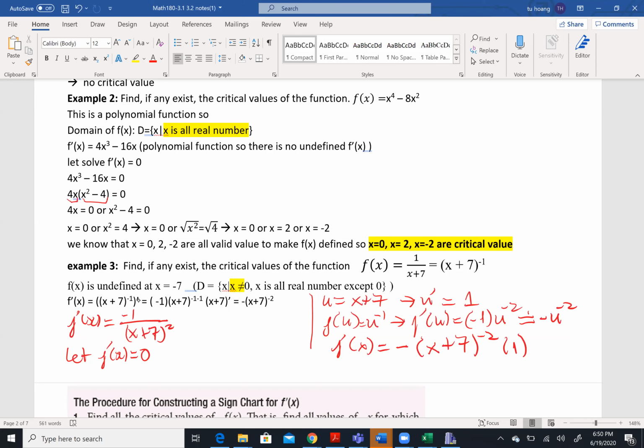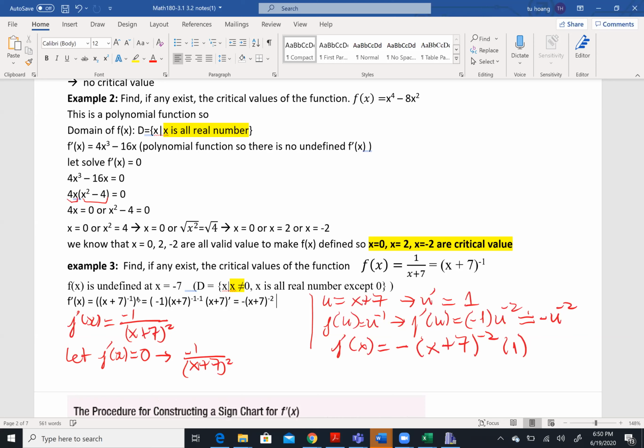So let's solve it, right? I have -1 over (x plus 7) squared equals 0. And as you know, there is no way to have this fraction become 0 if the numerator is a constant number. So there is no way to make this equal 0.